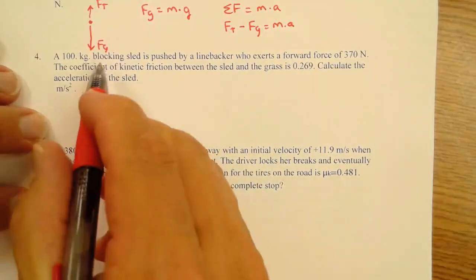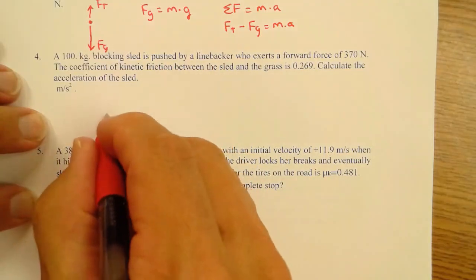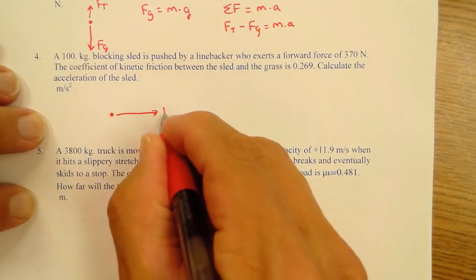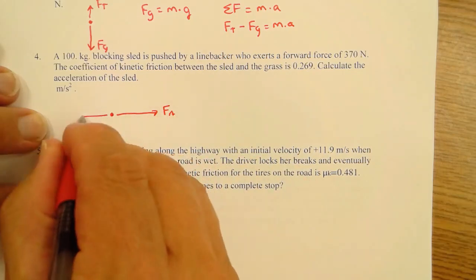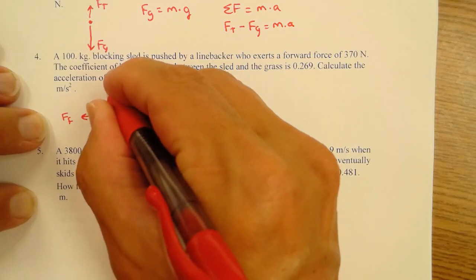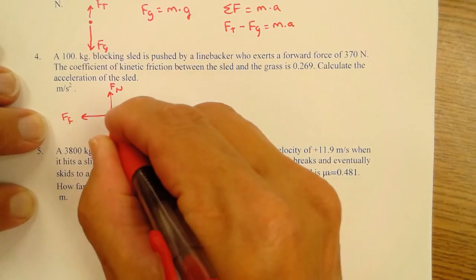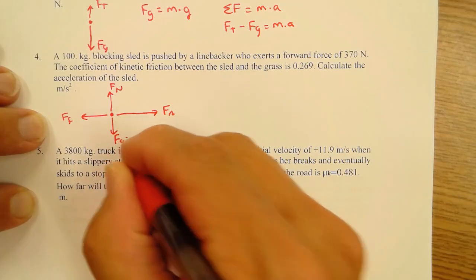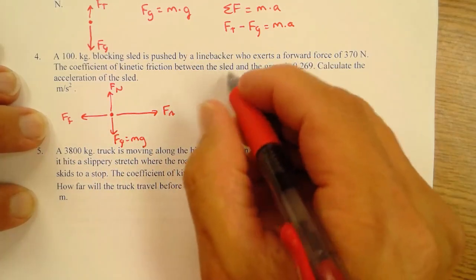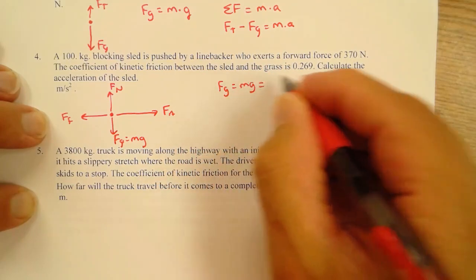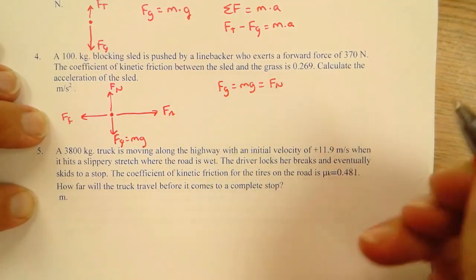Okay, on question number 4, we have a blocking sled. It's pushed by a linebacker. So there's some forward, applied force. There's a friction force. There is a normal force because the ground pushes up on the blocking sled. And there is, of course, the gravity force, which goes down. So the first thing you want to do is find the gravity force, which equals mg, and realize that's the exact same as the normal force.